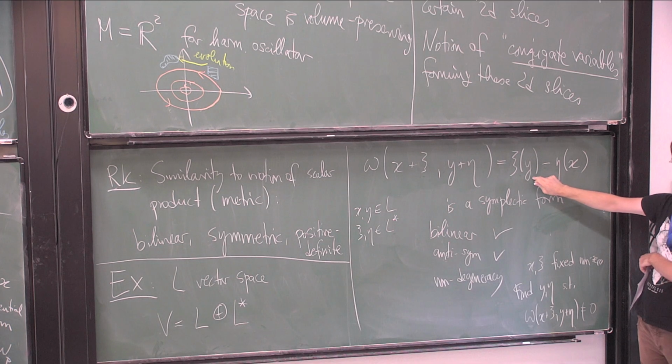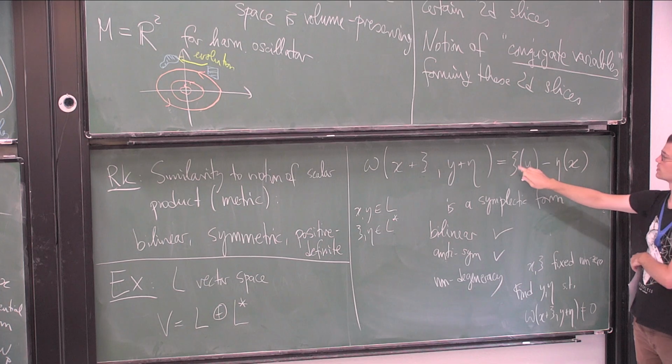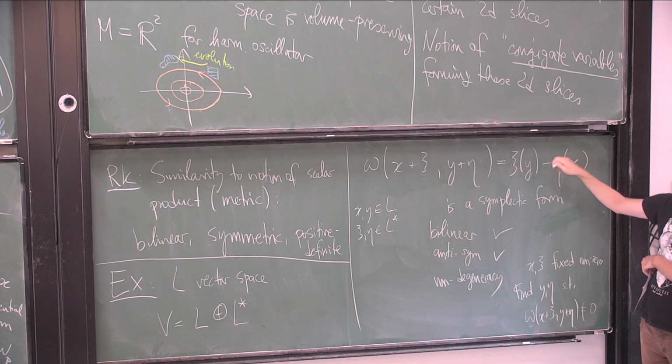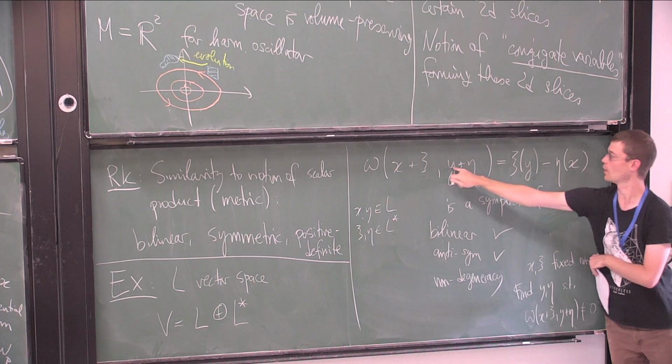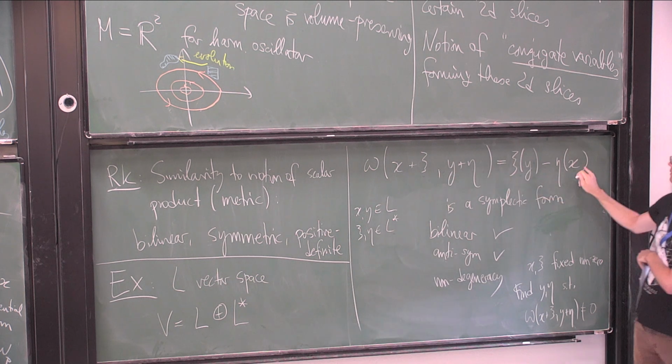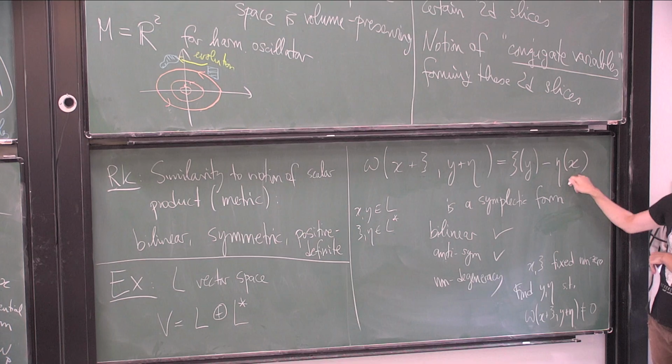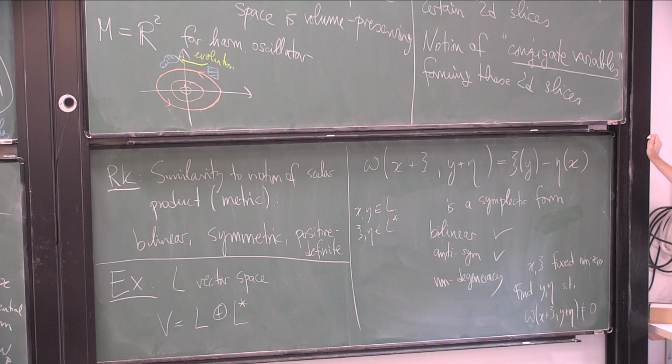Or you can just take y to be 0, for example. Then psi of 0 is 0, and for eta you take something which pairs non-trivially with x, which always exists when x is non-zero. If you have a non-zero vector, there's always a linear functional which evaluates to 1, for example by taking a scalar product with itself.